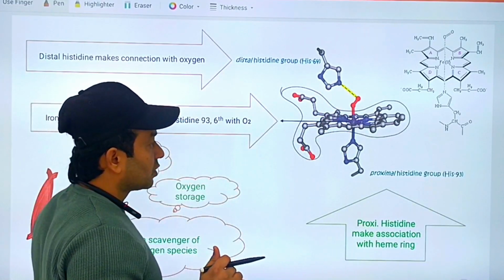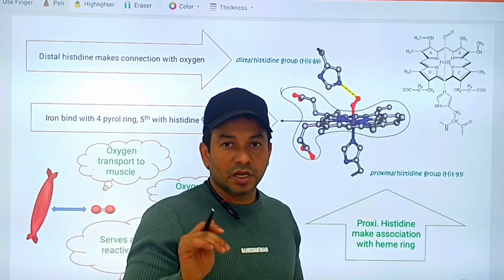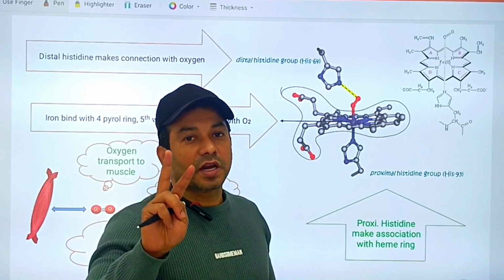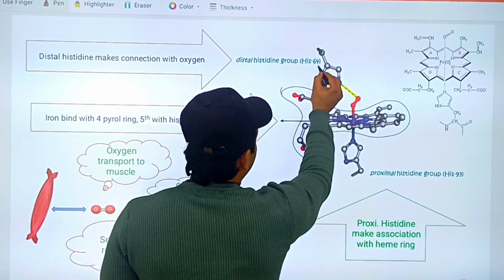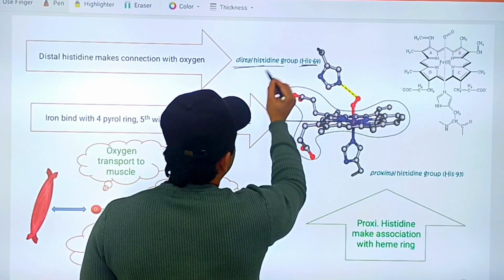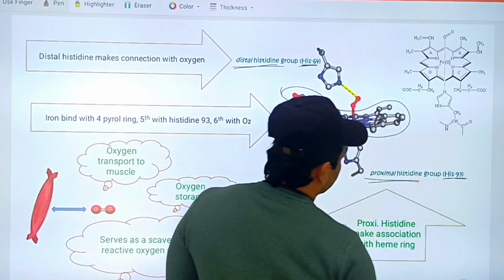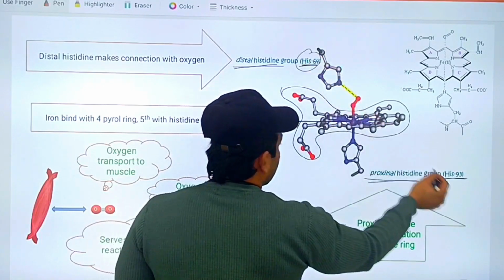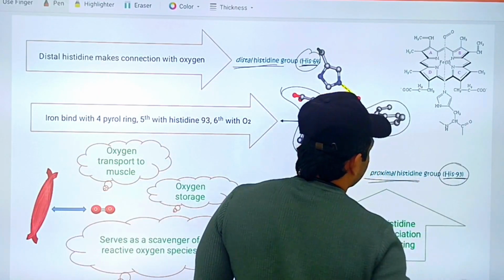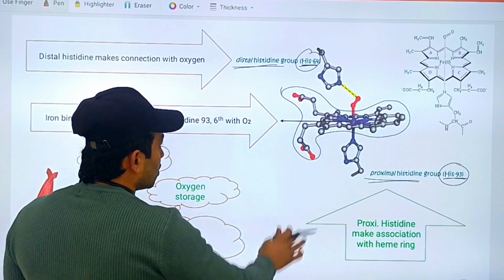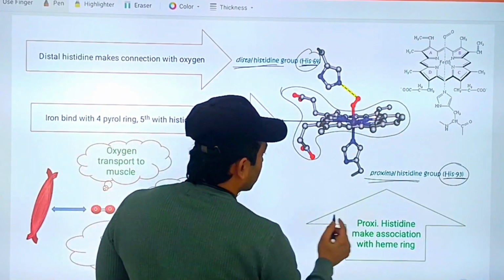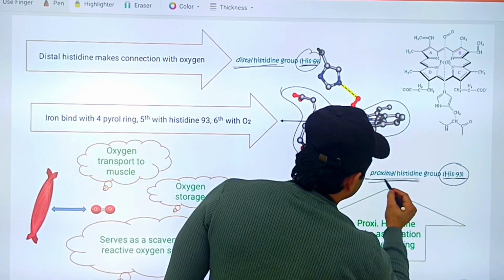You have 154 amino acids, and the two important amino acids are at position 64, which is called the distal histidine, and the second, the proximal histidine, at position 93. The heme molecule is going to connect through its iron with the proximal histidine.